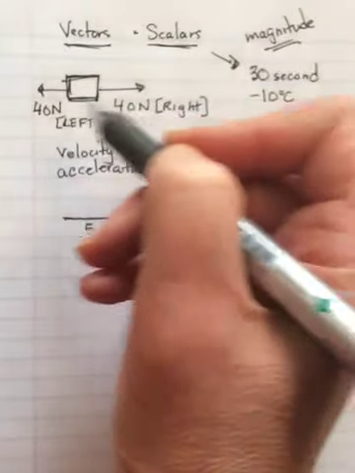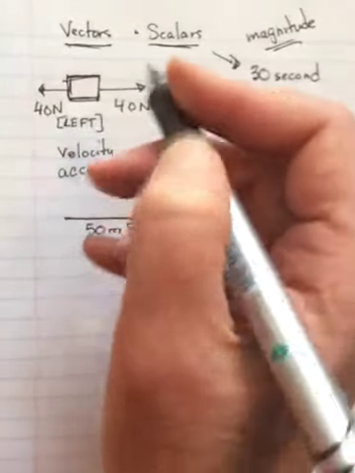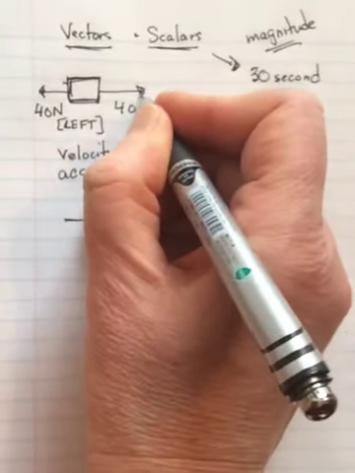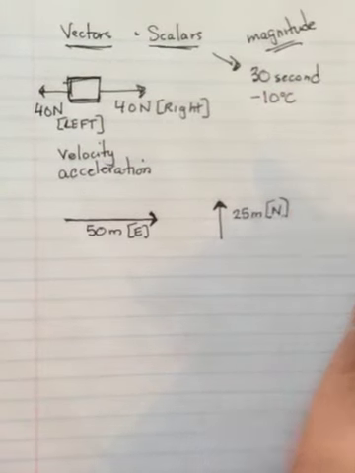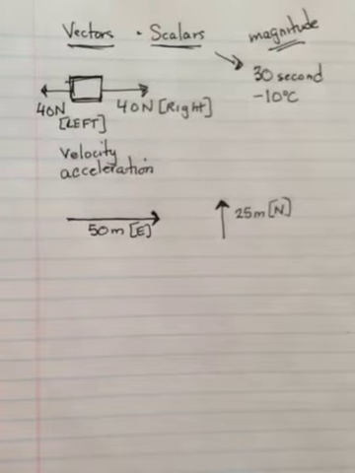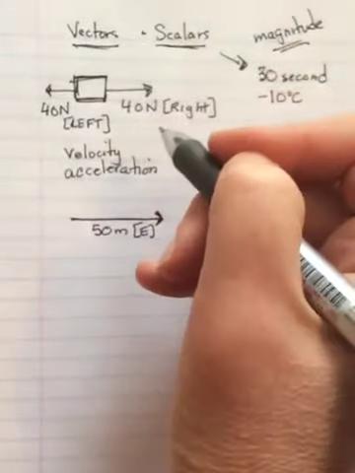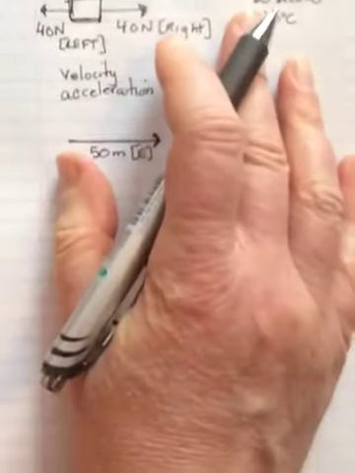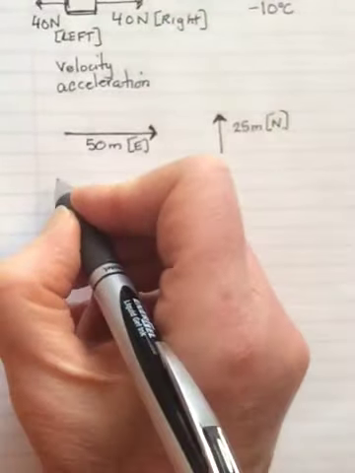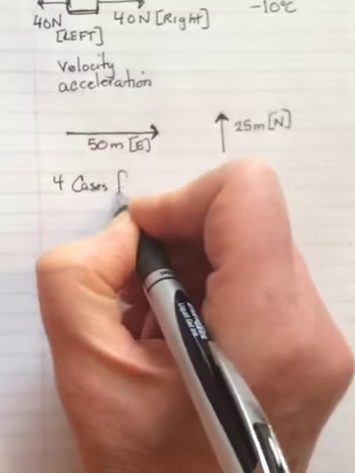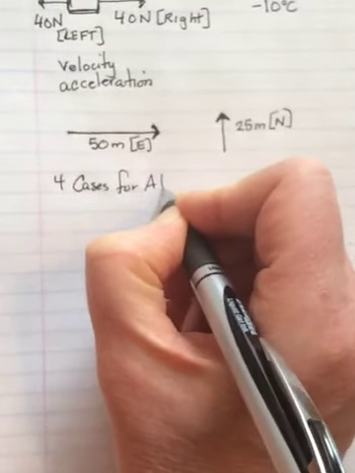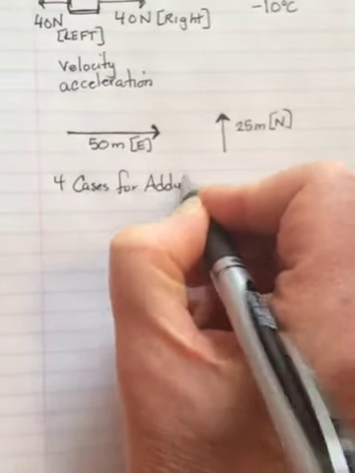But if you take into consideration the directions, then hopefully you can see the total force on this box is actually 0, and it's not going to be going anywhere quickly. So when we add vectors or subtract vectors, we need to pay attention to their directions. And so because of that, we have what are called 4 cases for adding vectors. And I will give you a sheet of notes on these tomorrow.